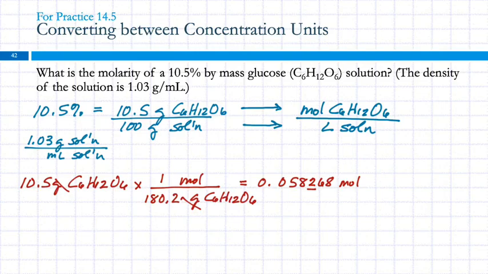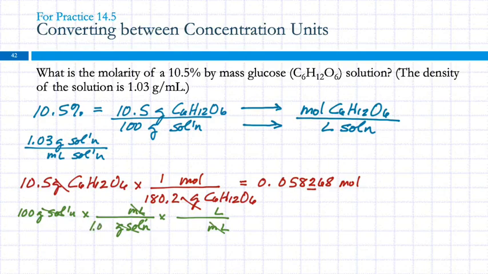And then separately, I'm going to take my 100 grams of solution and convert to liters. So I'm going to have to go to milliliters first and then to liters. So grams of solution is going to cancel out, and milliliters will cancel out. The density was 1.03, so 1.03 grams of solution is 1 milliliter. And then here I'm using my metric conversions.